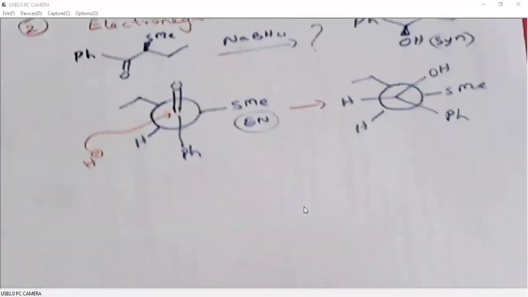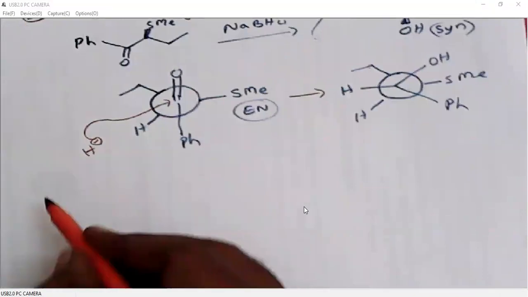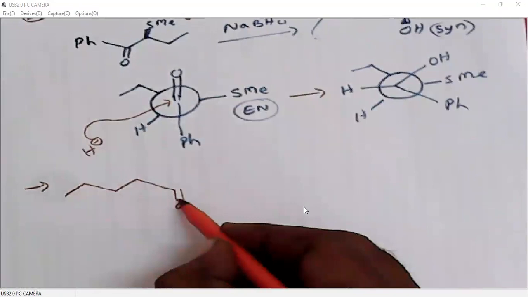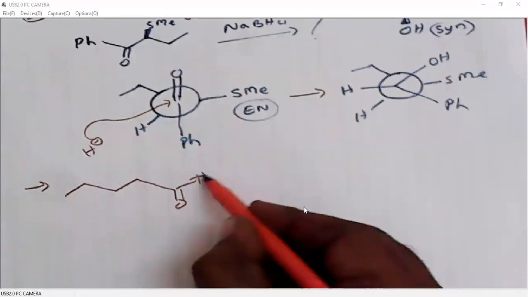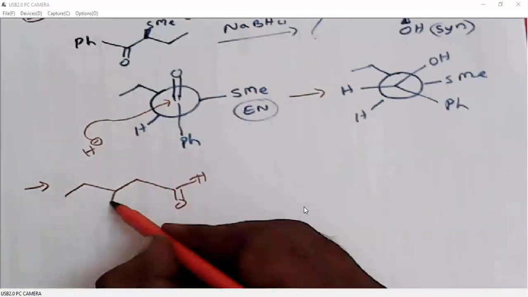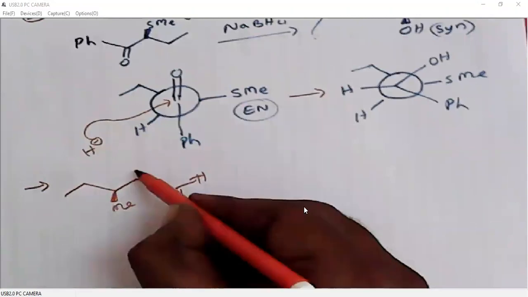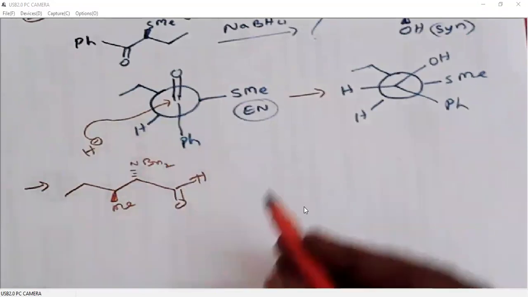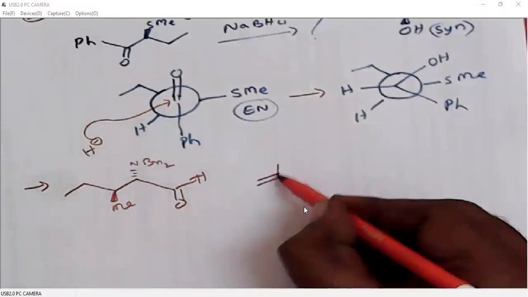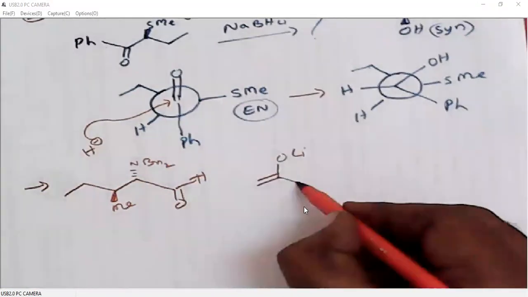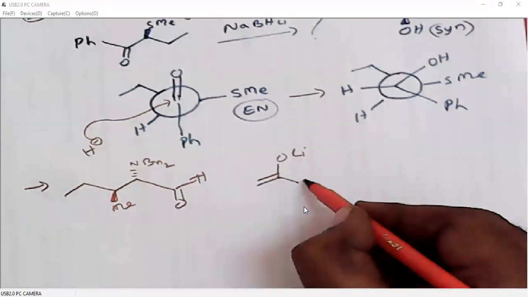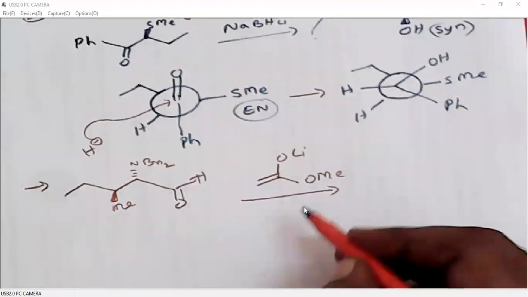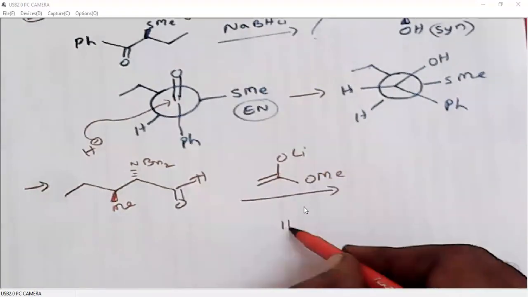I will give you one more example for this. When we have a nucleophile of this kind, this is an enolate, remember, that means it is like this.